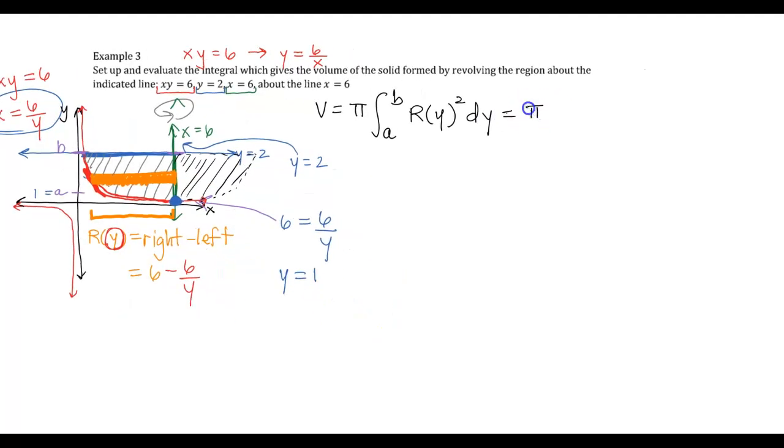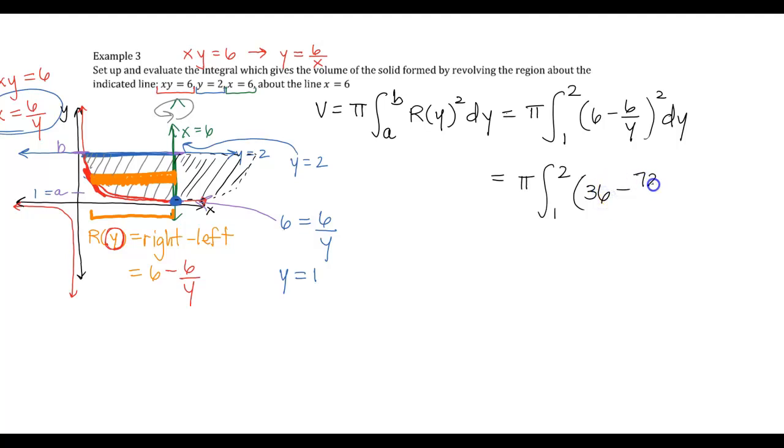We have pi multiplied by the integral from 1 to 2 of r of y, which is 6 minus 6 over y, and we're going to square that, and we're integrating with respect to y. Let's go ahead and do some algebra on the inside of the integral to FOIL that expression out, expand that out using the distributive property.